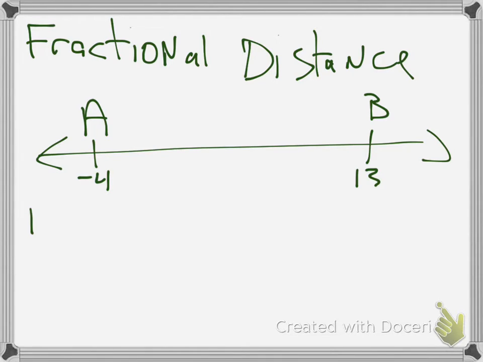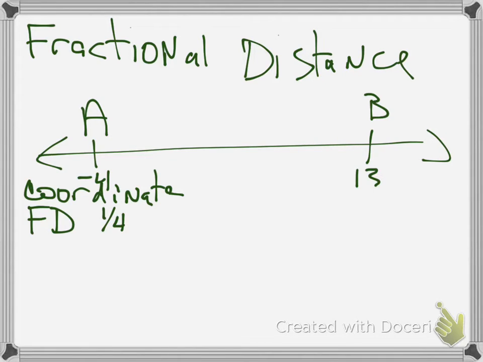And let's say I want a fractional distance of, give me the coordinate, keep that in mind, because I definitely will ask it like that. Coordinate, fractional distance that is, let's just say 1/4. If you find the distance from A to B, it's going to be 17.